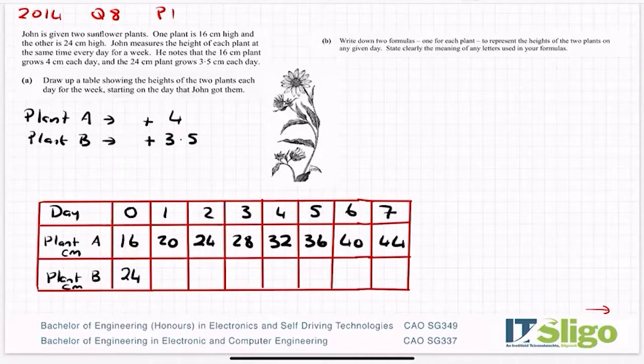It's a bit harder to count up in 3.5s. 24, 25, 26, 27.5, 31, 34.5, 38, 41.5, 45, 48.5.